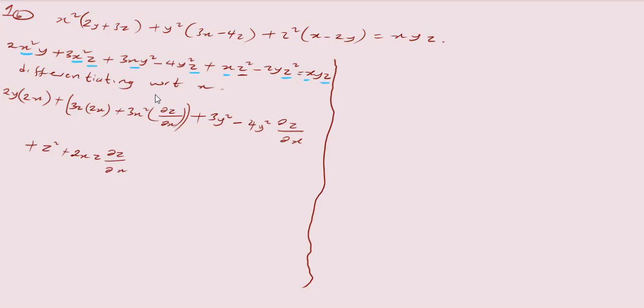Now, what I'm going to have next will be minus, differentiate this one, z squared, the answer is 2z. So this one will give me minus 4yz dz dx to be equal to, I will differentiate with respect to x.